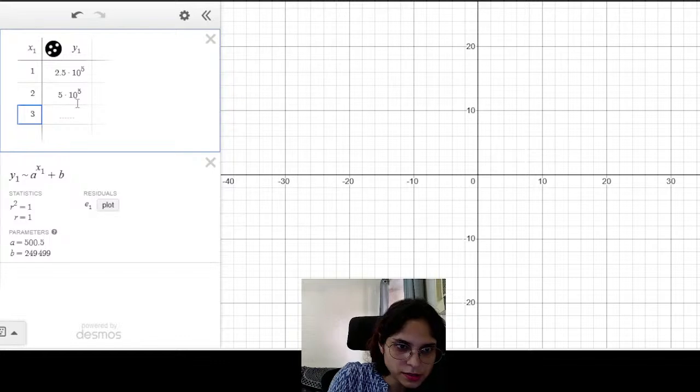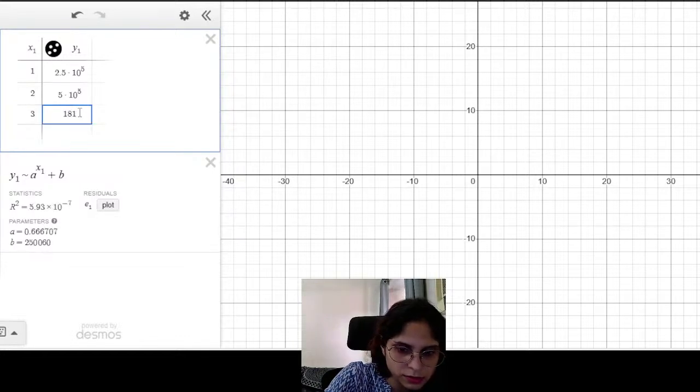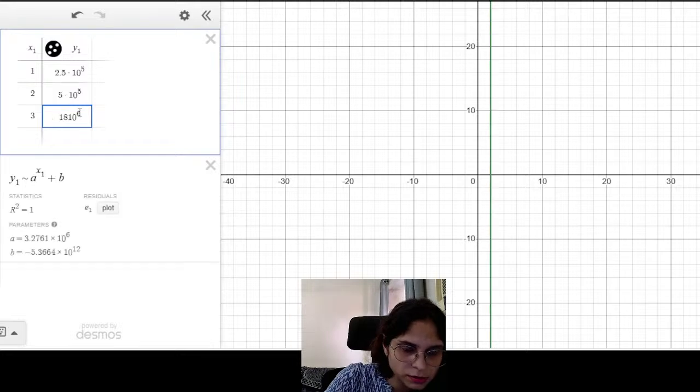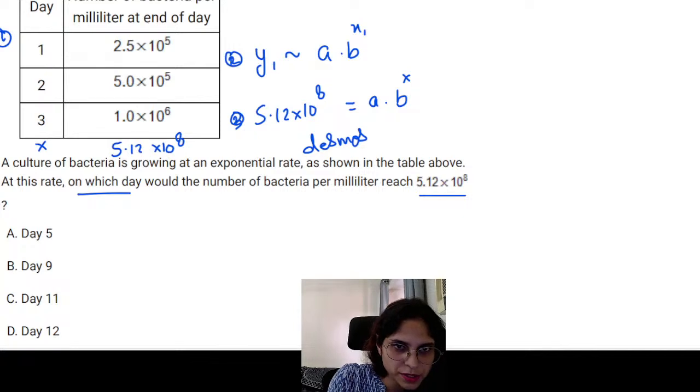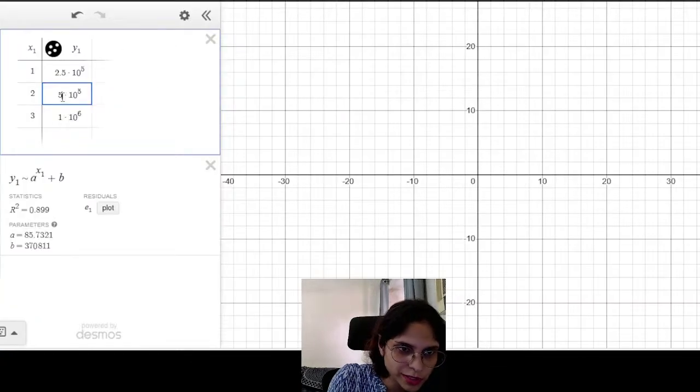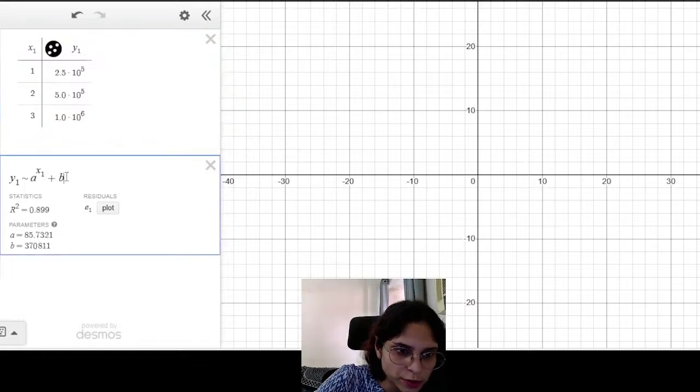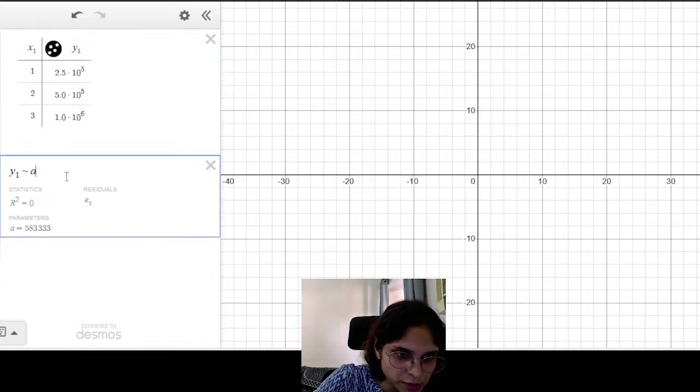On day 3 it is 1 times 10 to the power 6. I was pressing shift 8 for multiplication here. And this is 5.0. No need to write 0.0, but yeah, if you want you can write. And now this one is not a to the power x plus b, this is a times b to the power x1.